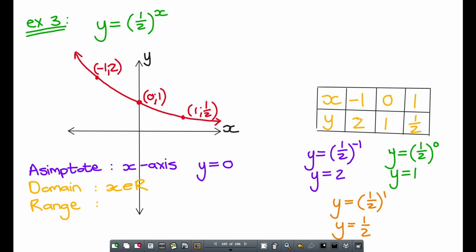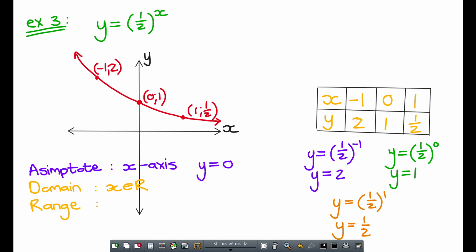The what? Say again. What did we just say? We have an asymptote. My x-axis is an asymptote. Will it ever be able to go through that and get to a negative y value? So what? Y must be greater than 0.